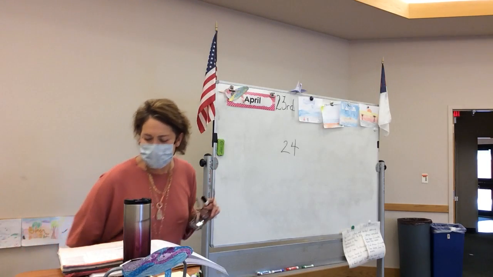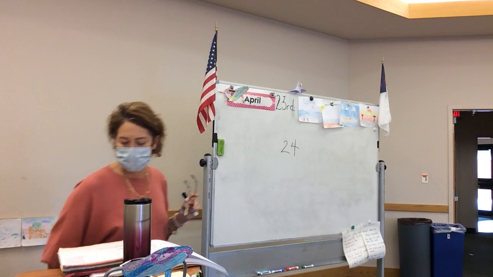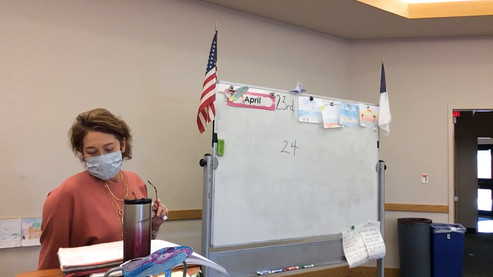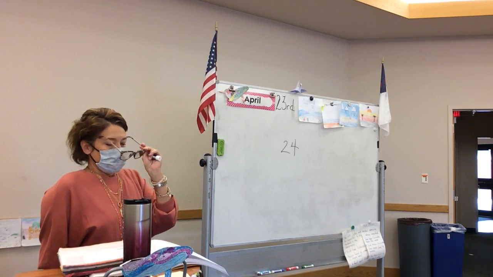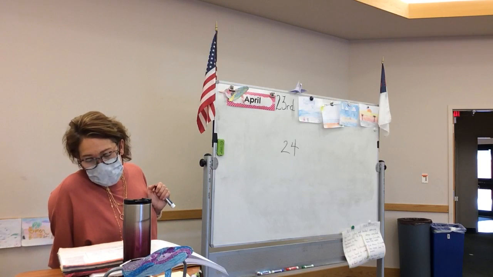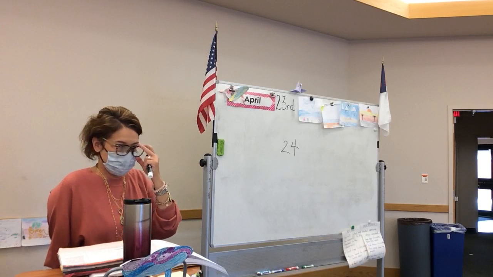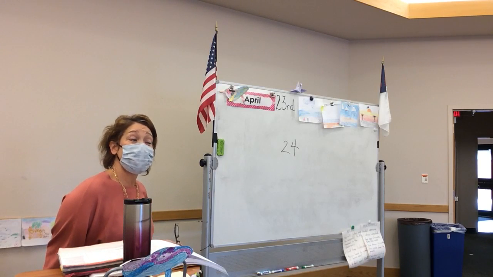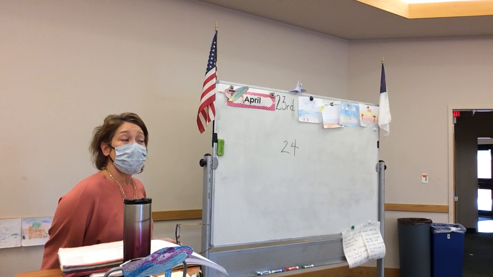What about C? Tessa. 29. We're as smart as Albert Einstein. Well, there you go. What about 9D? Emmy. 28. So there you go.